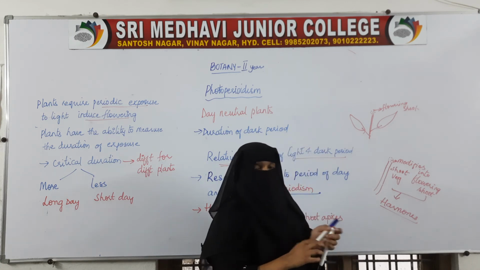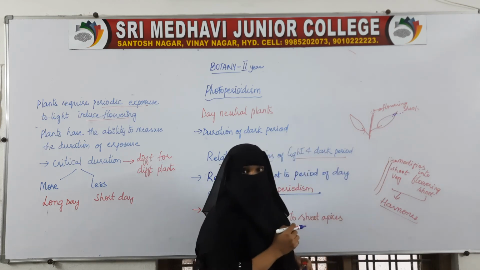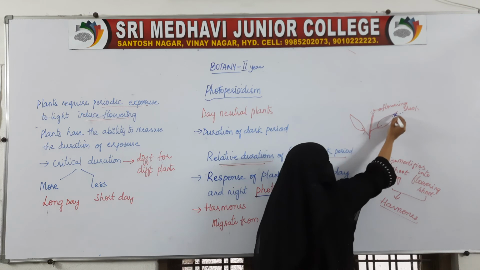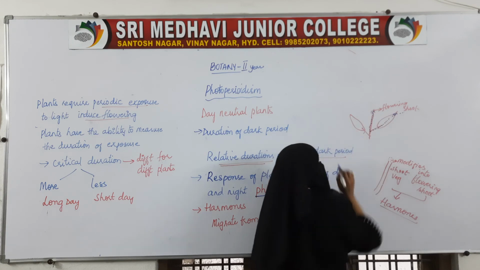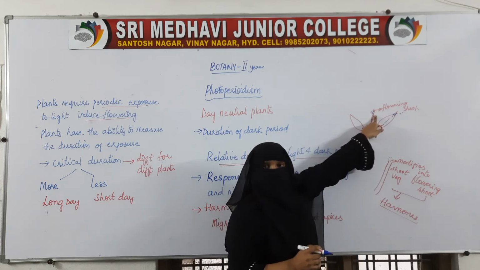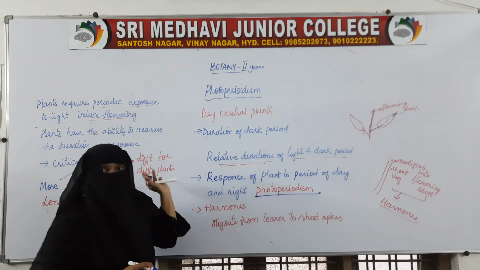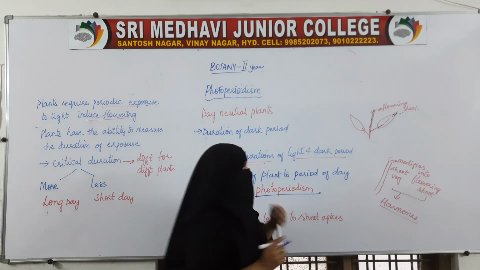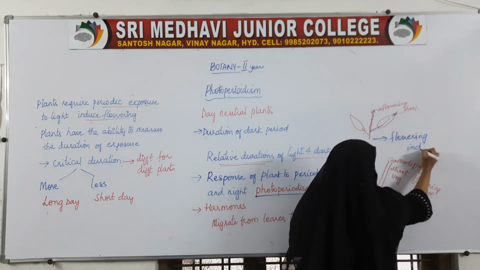After modification of this shoot to a flowering shoot, when light falls on the leaves, the leaves release certain hormones responsible for flowering. They travel up to the flowering shoot. With the presence of these hormones and the period of exposure to light and darkness, flowering will be induced.